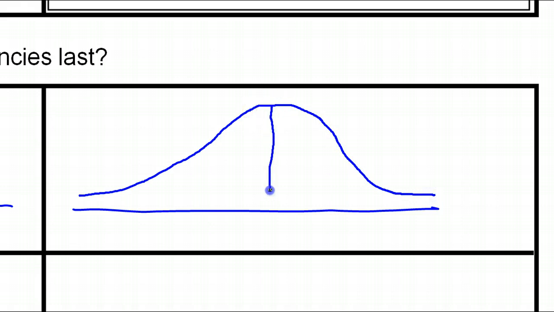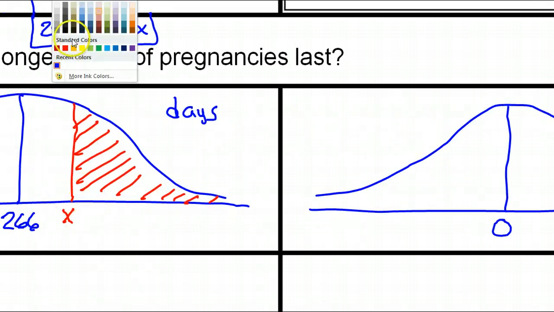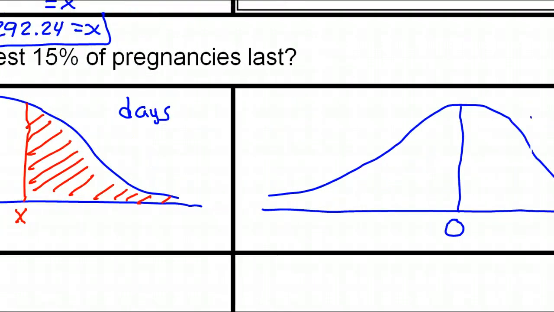Okay, all right, the mean of a z-score distribution is always 0. And let's label it z-scores. Mandatory, you must put that. Okay, and we're going to want the same type of a deal as this X over here.